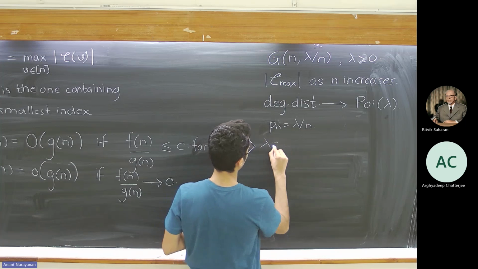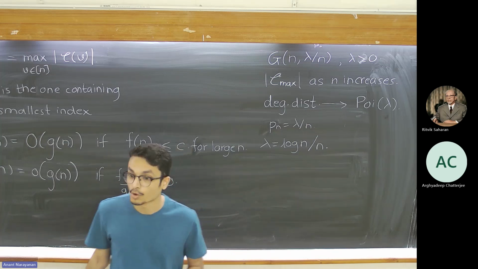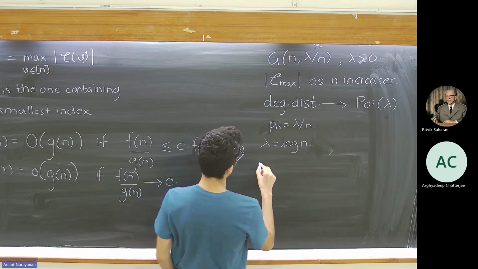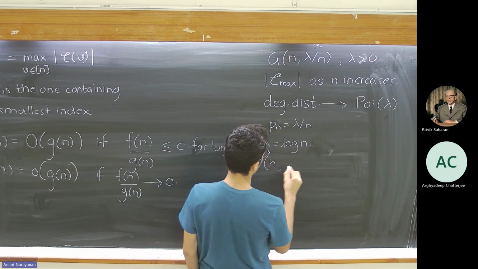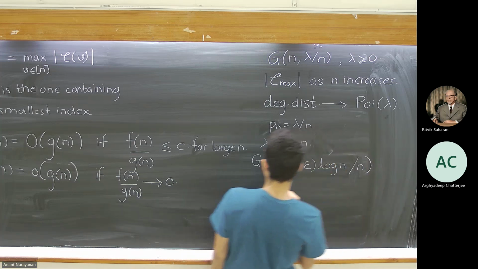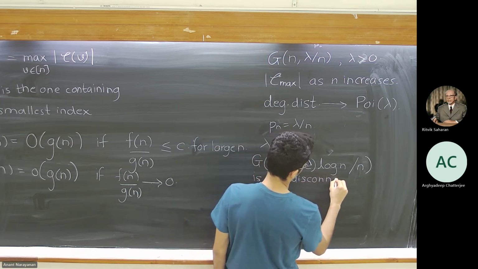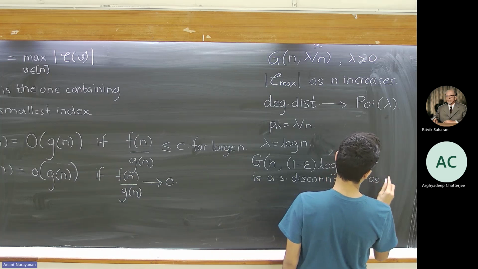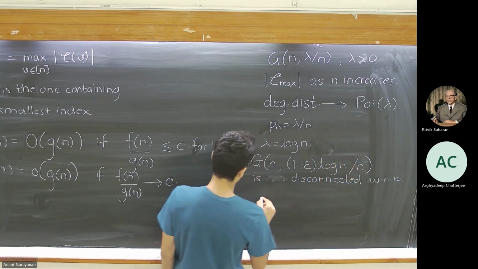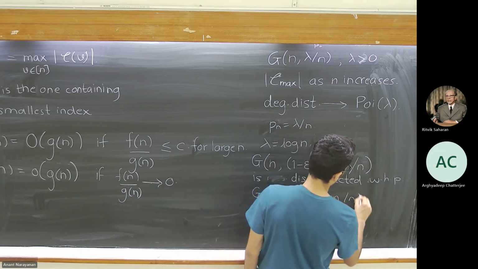If you take lambda to be log n over n, so lambda of order log n, then the result you have is that for lambda below (1 minus epsilon) log n over n, the graph is almost surely disconnected, and for (1 plus epsilon) log n over n, it is connected with high probability.